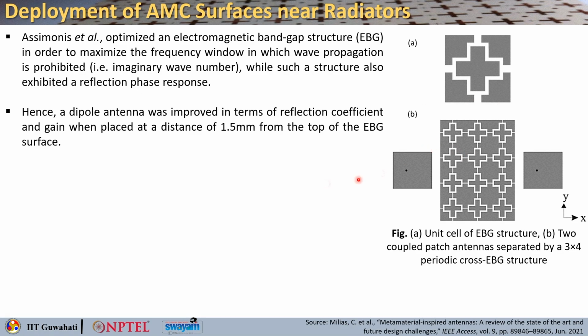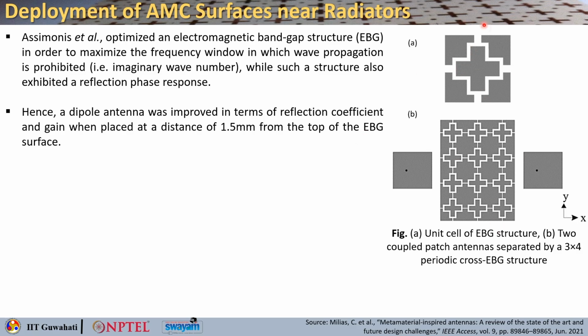A dipole antenna was improved in terms of the reflection coefficient and the gain when it was placed at a distance of 1.5 mm from the top of the EBG surface.